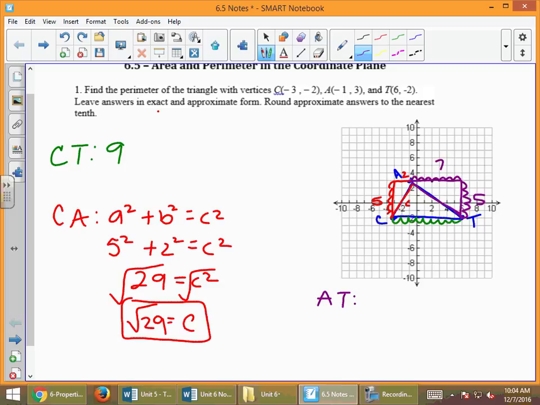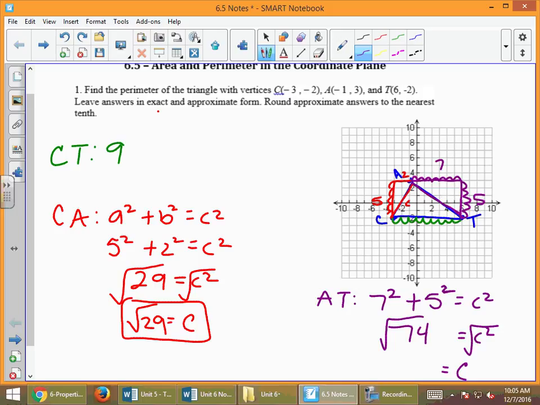That one's 7. Again, plug in the Pythagorean theorem. A squared plus B squared equals C squared. Save yourself some time. Plug it in all in one step. 7 squared plus 5 squared is what? 74. Square root.